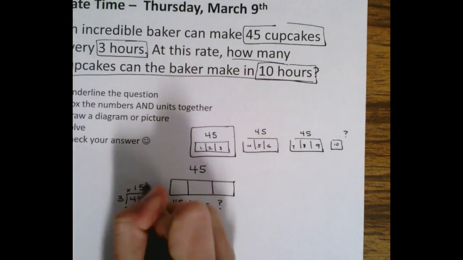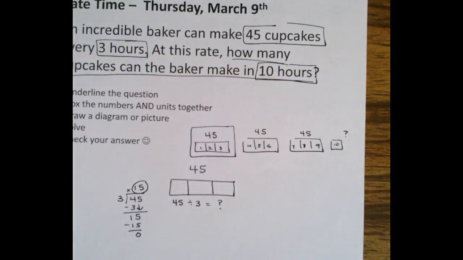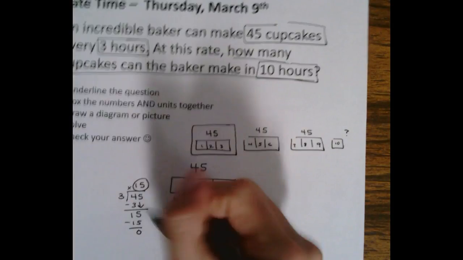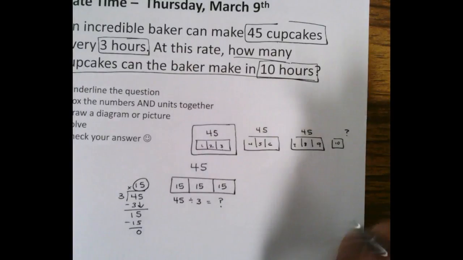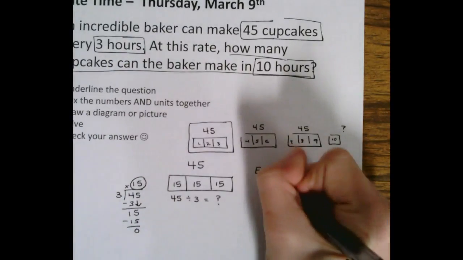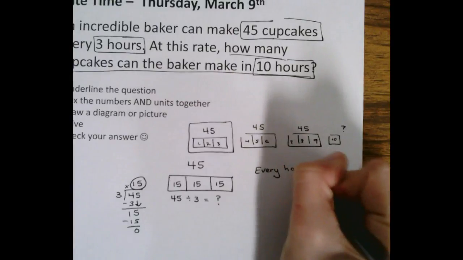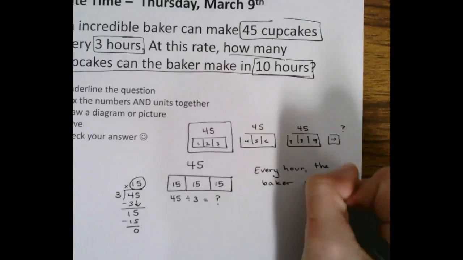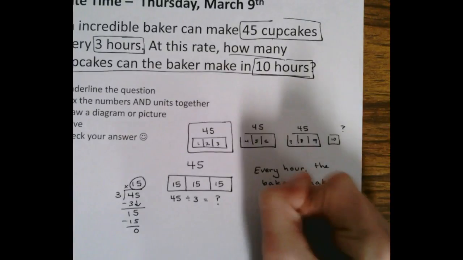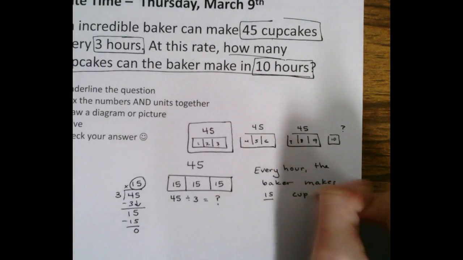So I know that each hour, this incredible baker can make 15 cupcakes. So 15, 15, 15. So what this is telling me is that every hour, the baker makes 15 cupcakes.